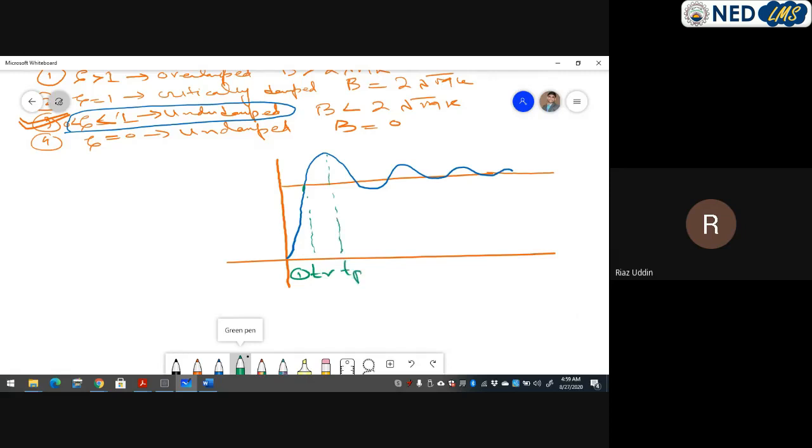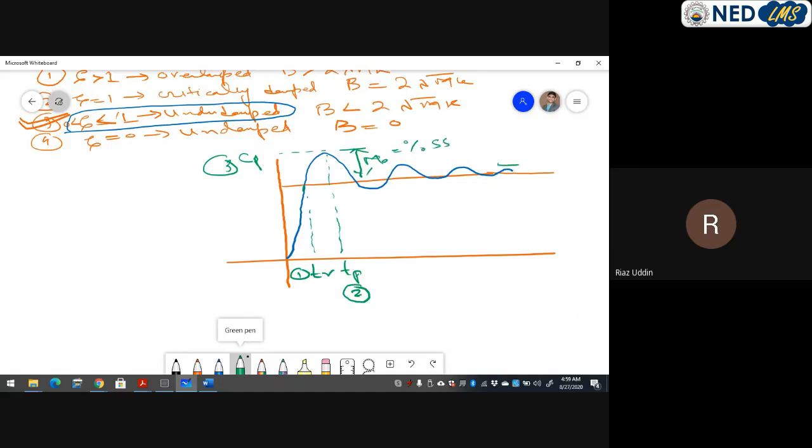This is your second time domain specification parameter. Now let's see, this becomes your system peak output. This is your third parameter. This ratio is your Mp, like percent overshoot.